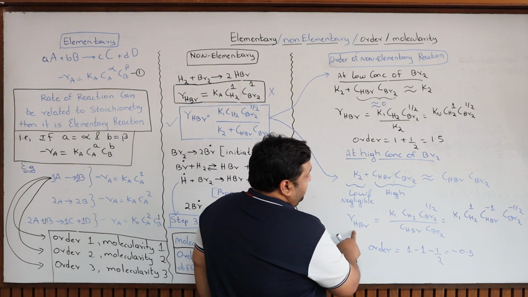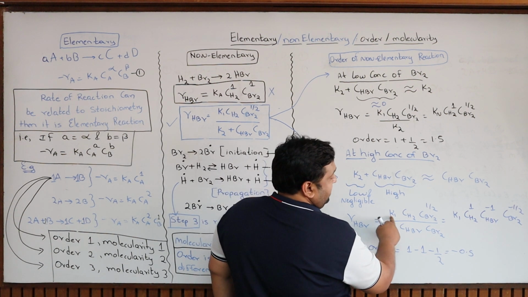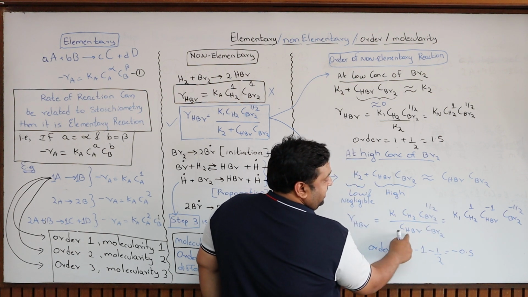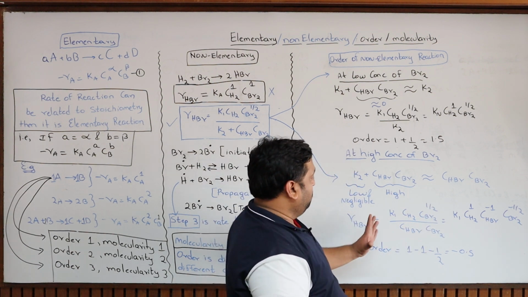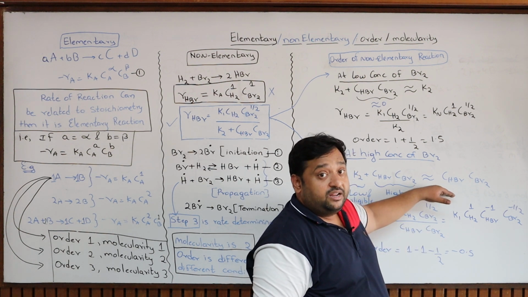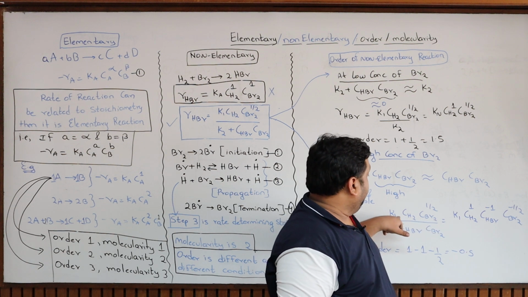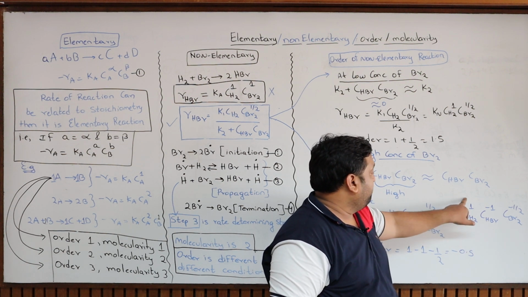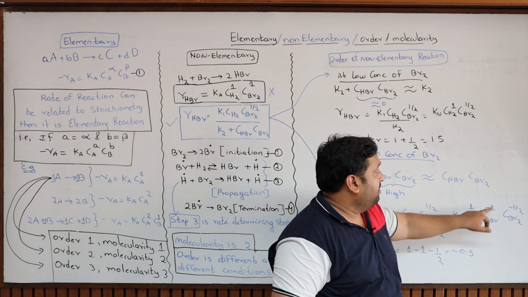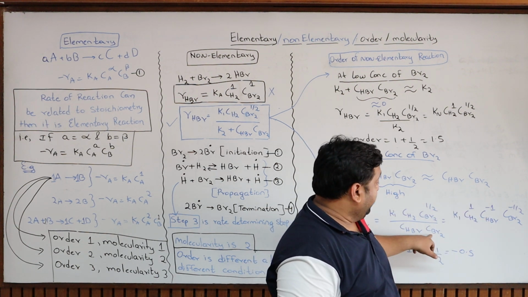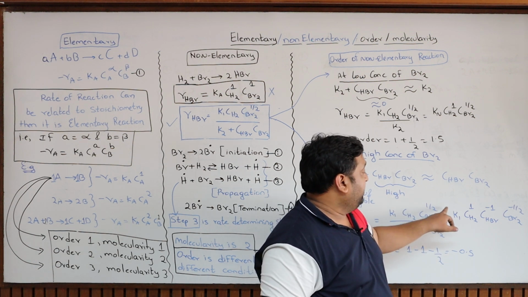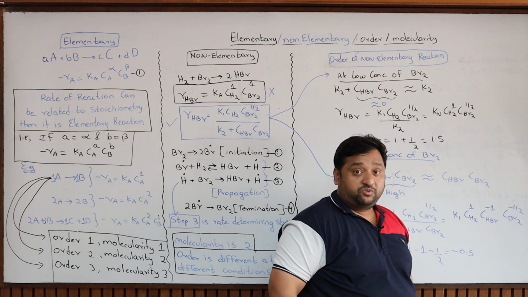That means the rate of HBr is equal to K1 C_H2 C_Br2 power 1/2 divided by C_HBr times C_Br2. Now take everything to the numerator: C_H2 power 1, C_HBr power minus 1, and C_Br2 power 1/2 minus 1, which gives minus 1/2.